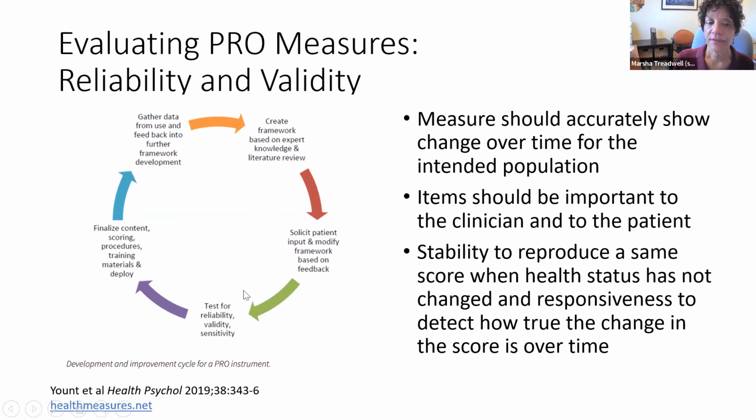And those are tested for reliability, validity, and sensitivity using statistical techniques. From there, the content is finalized, scoring, procedures, training manuals. And then over time, we gather data and use that feedback to further the framework development and then maybe start over.